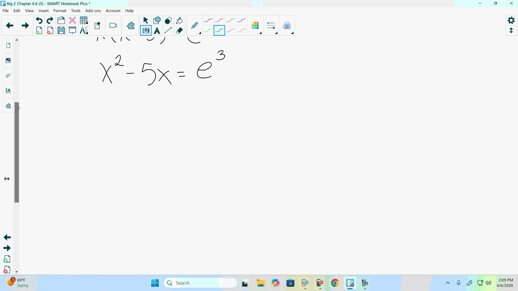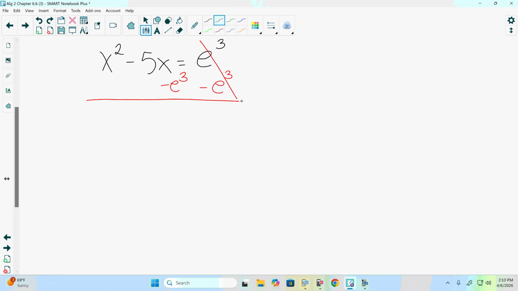So we need to get this quadratic equation equal to 0. To do that, I'm going to subtract e to the third from both sides. E to the third minus e to the third is 0.